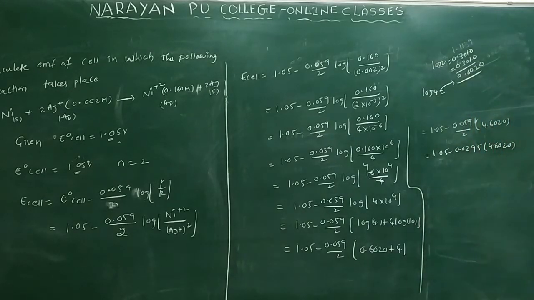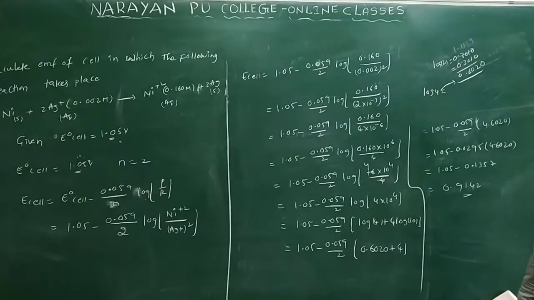Just do the calculation: multiplying 0.0295 into 4.6020 you will get 0.1357. Then 1.05 minus 0.1357 gives 0.9142 volts only. This is the E cell for the reaction only.